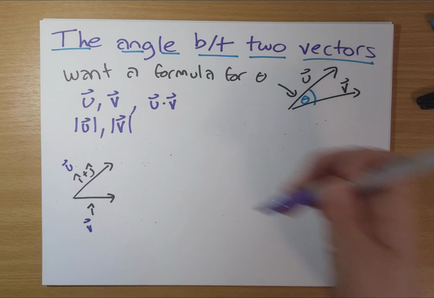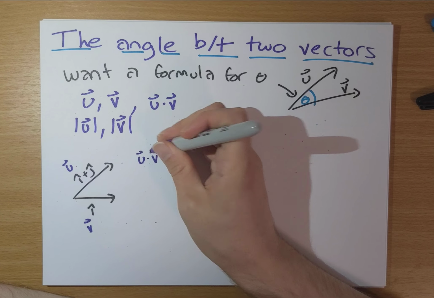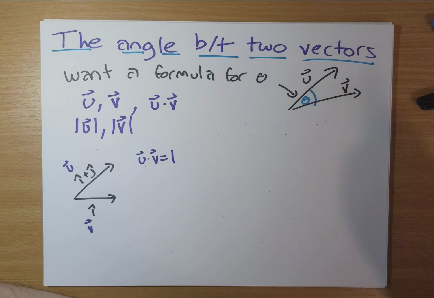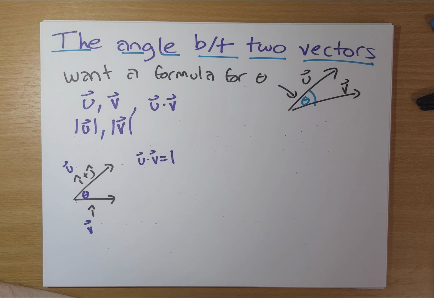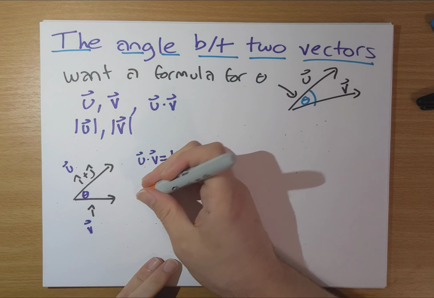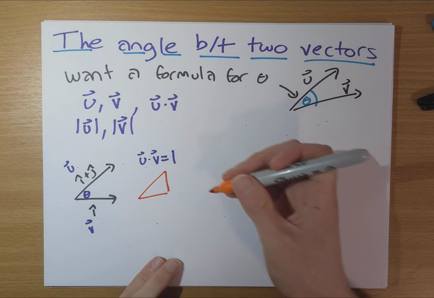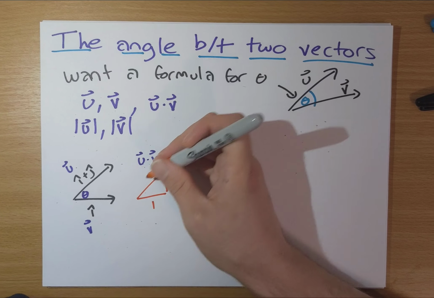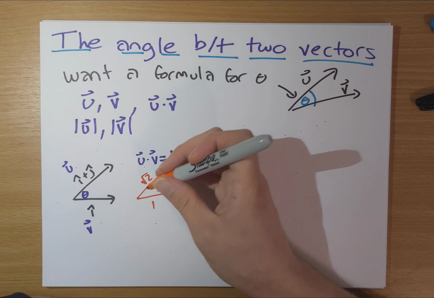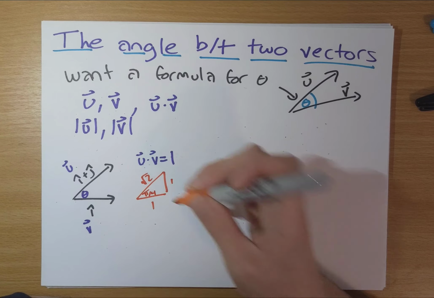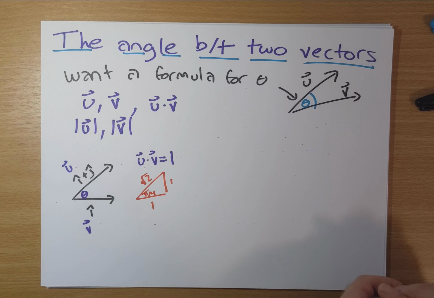So the dot product u dot v in this case is going to equal 1. And this theta here, well, it's pretty easy to see that this is a 1, 1, square root 2, 45, 45, 90 triangle, if you will. And that angle right there is pi over 4.